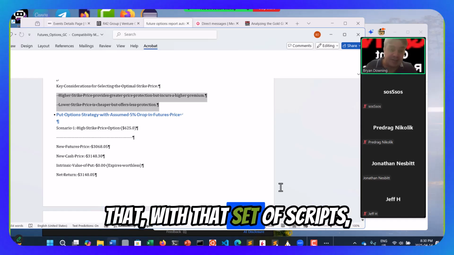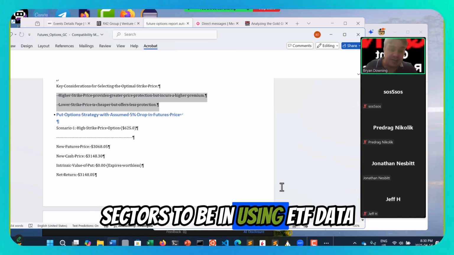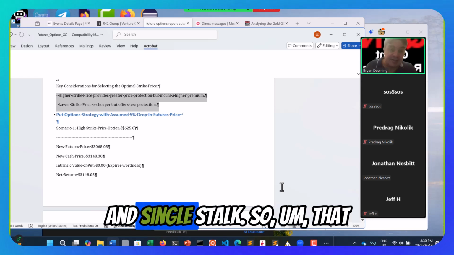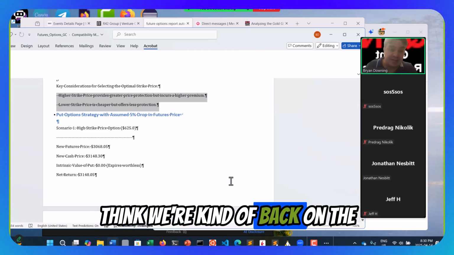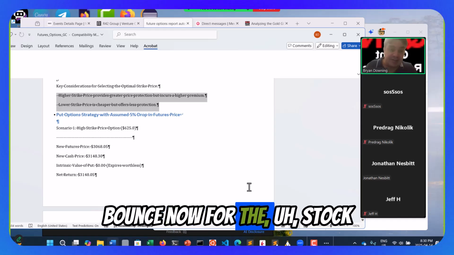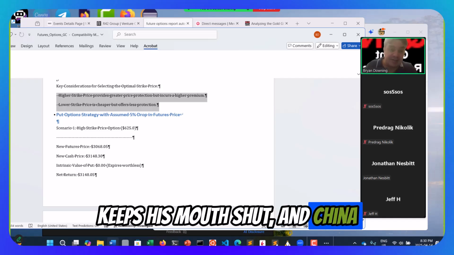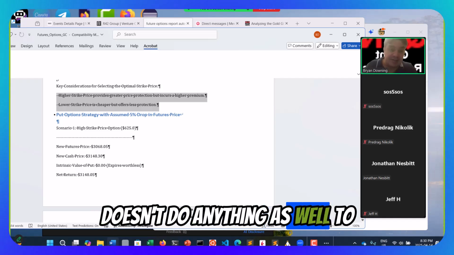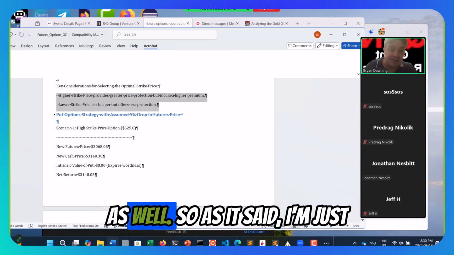Those scripts measure what sectors to be in using ETF data and single stock, so they can get pretty sophisticated. I think we're back on the bounce now for the stock market, as long as Trump keeps his mouth shut and China doesn't do anything to jitter the markets. Hopefully, things will start to normalize as well.